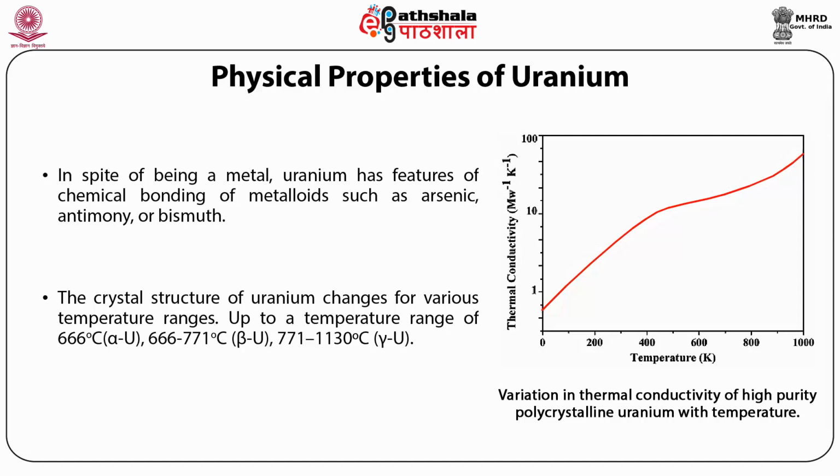Up to a temperature of 666 degrees Celsius, it adopts an orthorhombic crystal structure, that is alpha U, which has 4 atoms per unit cell, 19.04 gram per centimeter cube of density, and lattice constants of around a equal to 2.8541 plus minus 0.003 Angstrom, b equal to 5.8692 plus minus 0.0015 Angstrom, and c equal to 4.9563 plus minus 0.0004 Angstrom.